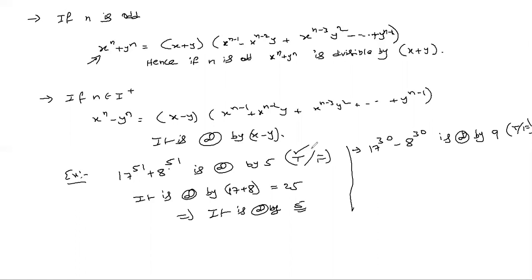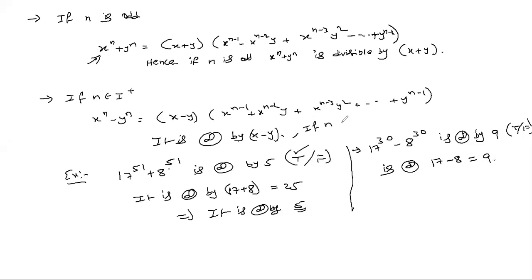Clearly you can see, yes, it is divisible by 17 minus 8, nothing but 9, divisible by 9. Clearly you can see.